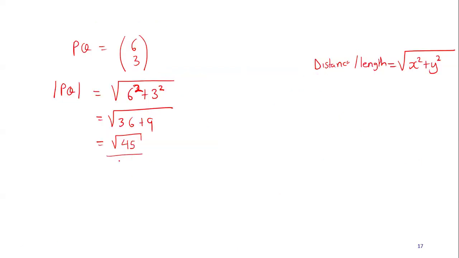Now, our answer here is not simplified. I understand some of your calculators can do it quickly, but some may not be able to give it to you quickly. So what do you do? Because they told us to leave it in surds, I'm going to respond.